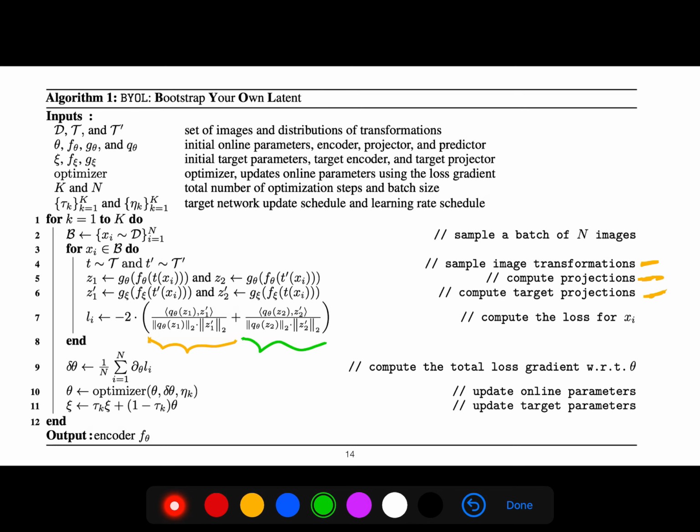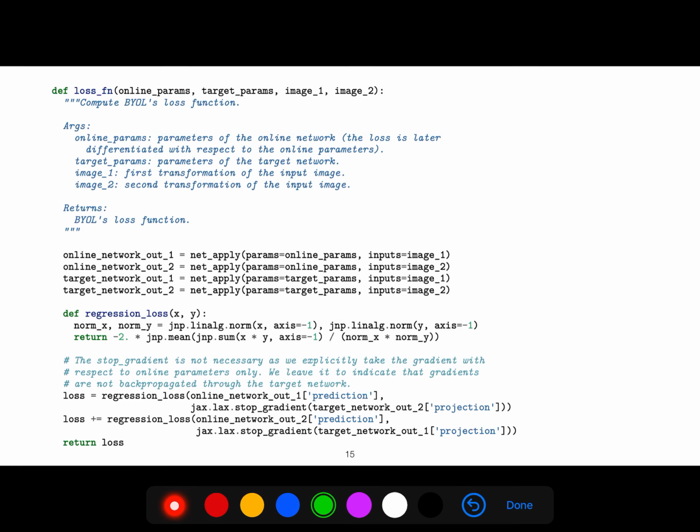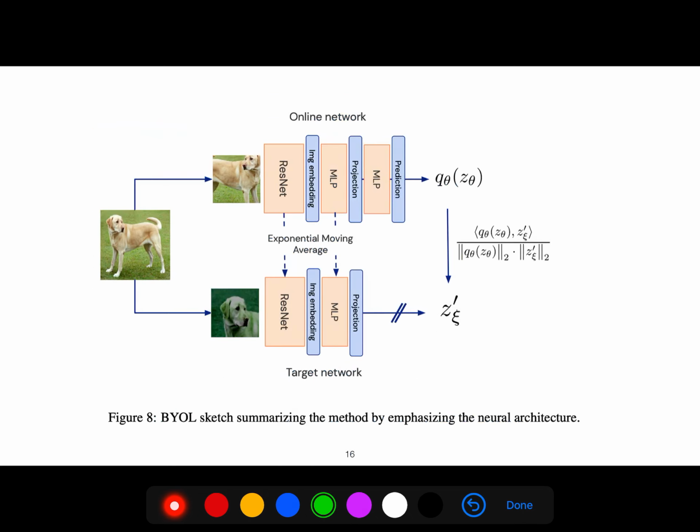And finally, the target parameters are just a linear combination of old weights with the new weights. So we use a moving average, it's just 95% of the old weights with 5% of the new weights.